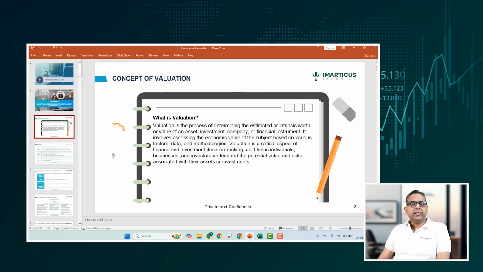For example, let's say there is a new iPhone launched at a price of 1 lakh. One person can say that this is worth it in terms of the benefits it is providing, feel that it's a good deal, and may buy the iPhone. Whereas the other person, for that same iPhone, can say it's not worth that much according to me, and may not buy the iPhone because that person feels that it is overvalued, overpriced.